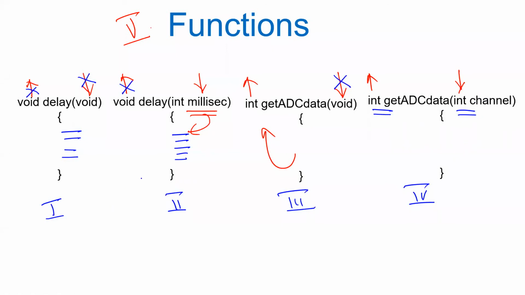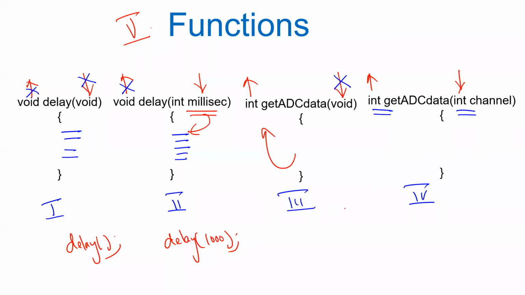So the calling function has to use the four different types of functions like this. In the first variant, it simply calls the function without passing any parameter. In the second variant, the calling function has to pass the parameter which is expected, so that the function makes use of that parameter for doing something useful.